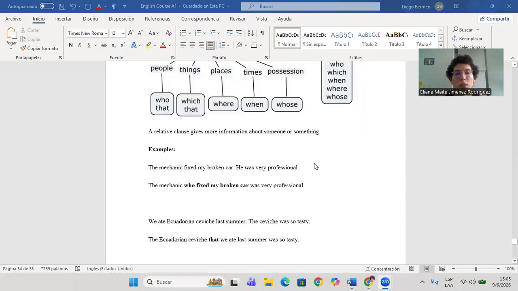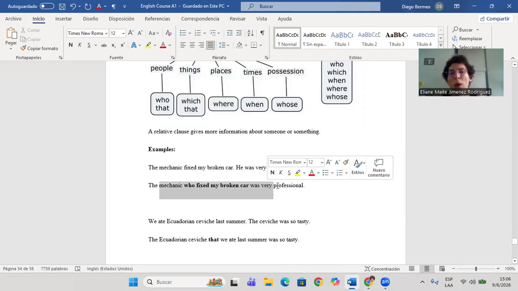Here we have some examples of how relative clauses can make your sentences improve. For example, here, the mechanic fixed my broken car. Point, and then we continue. He was very professional. This is grammatically correct. There's nothing wrong with that. But what if we apply relative clauses in the sentence? Would it be better? The mechanic who fixed my broken car was very professional.